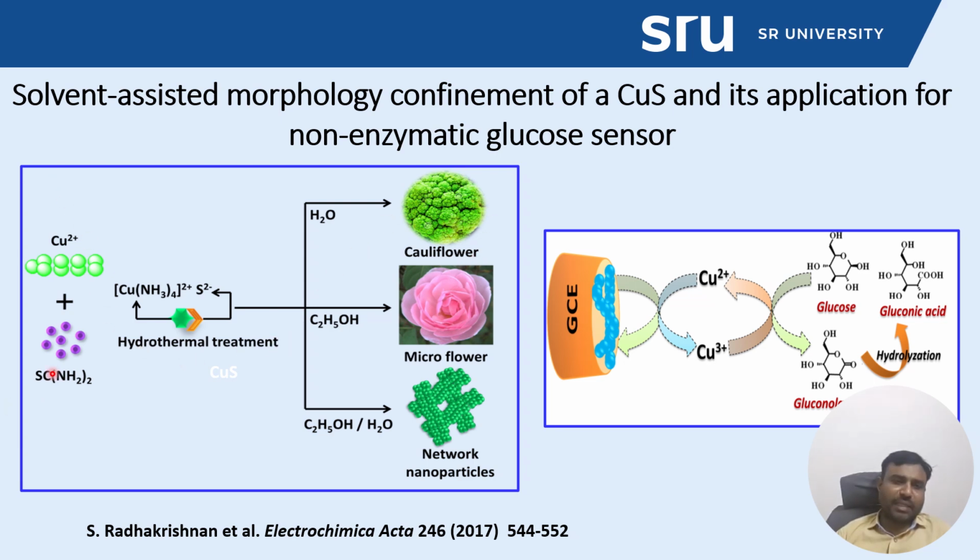Similarly, under similar conditions, copper acetate and thiourea, only changing the water, if we use ethanol, we get a flower-like morphology. Similarly, when mixing both water and ethanol, we get a network of nanoparticles, which means each nanoparticle is interconnected and forms a network-like structure. So the solvent significantly affects the morphology of the product.